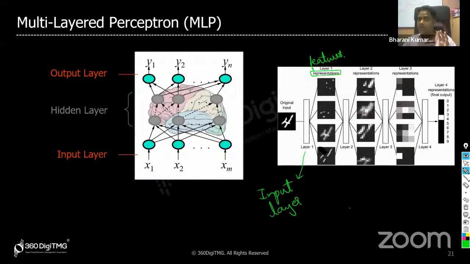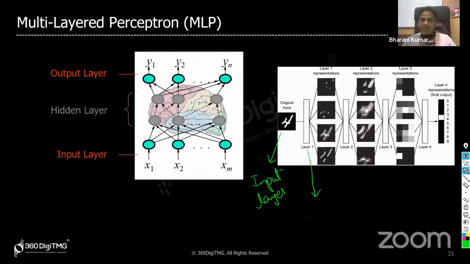But we know that the initial set of hidden layers. Oh, sorry, my bad. This is the input layer, which is not shown in this particular image. And here you have the first hidden layer.